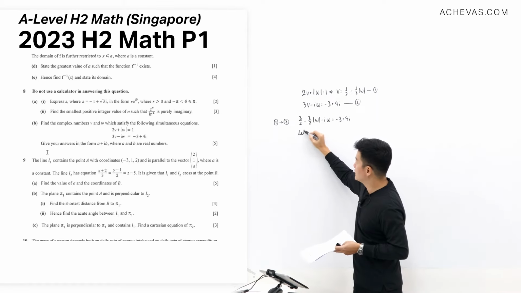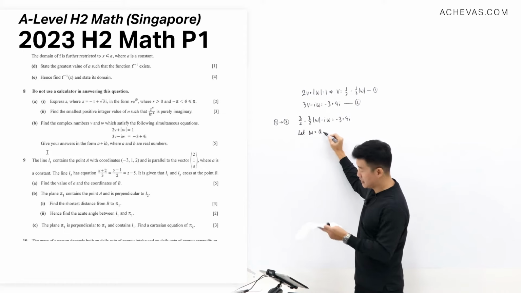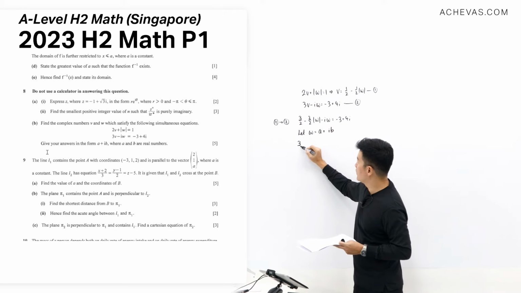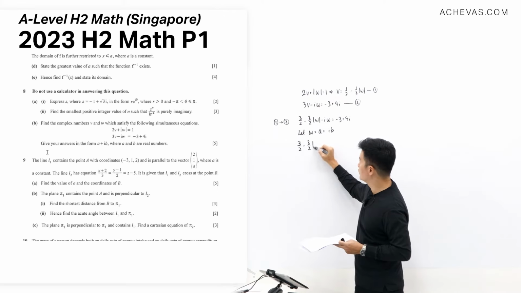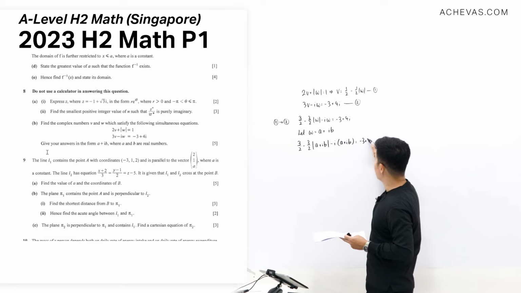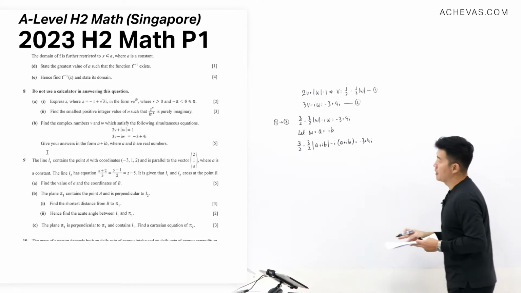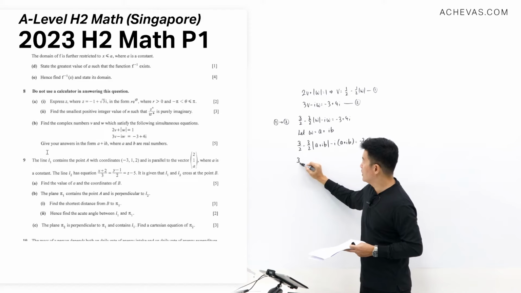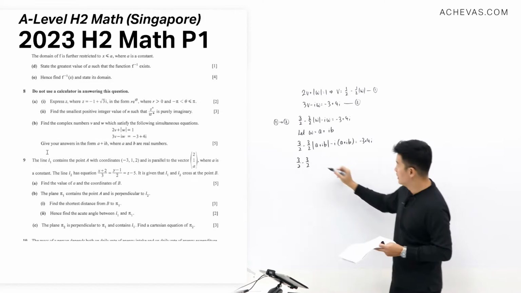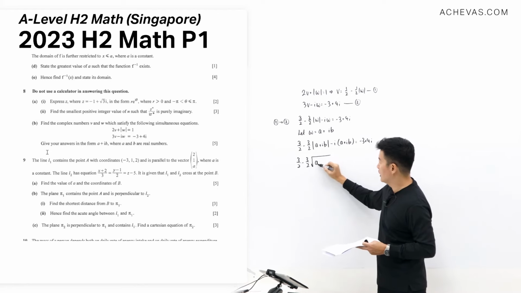So if I let w be equal to a plus ib, then we will have 3 over 2 minus 3 over 2 modulus of a plus ib, minus iw, where w is a plus ib, is equal to negative 3 plus 4i. The modulus of this complex number is the square root of a square plus b square.